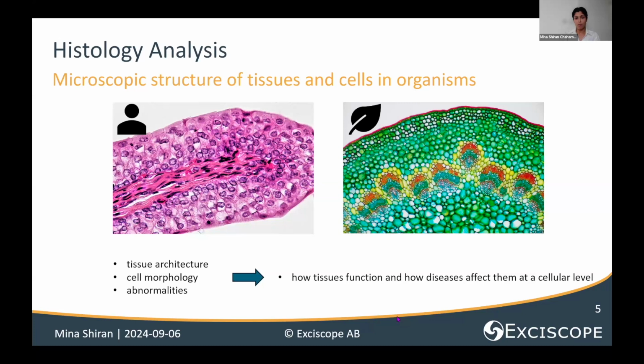It gives information about the tissue structure, cell morphology, and abnormalities, such as disease, infection, and tumors. And this information can provide knowledge about how tissues function and how disease affects them at a cellular level.